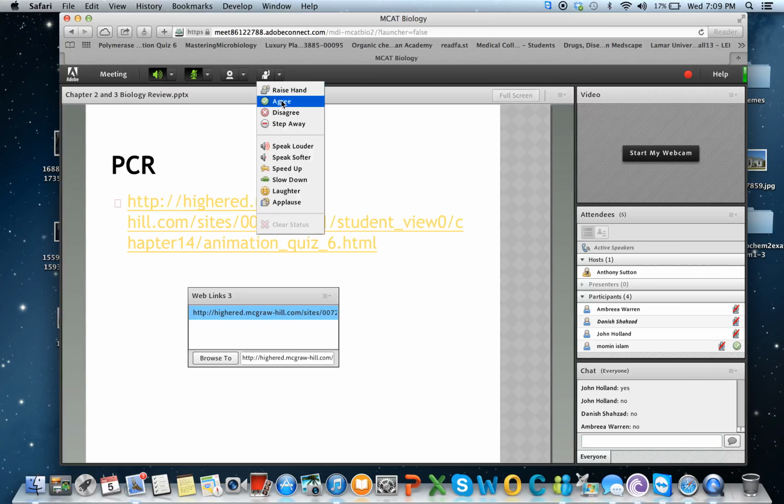Yes. Okay. So the next thing that we'll be looking at is the concept of operons. One of the things I was asking you all to do is look at the repressible and the inducible operons. The first one we're going to be looking at is the lac operon.